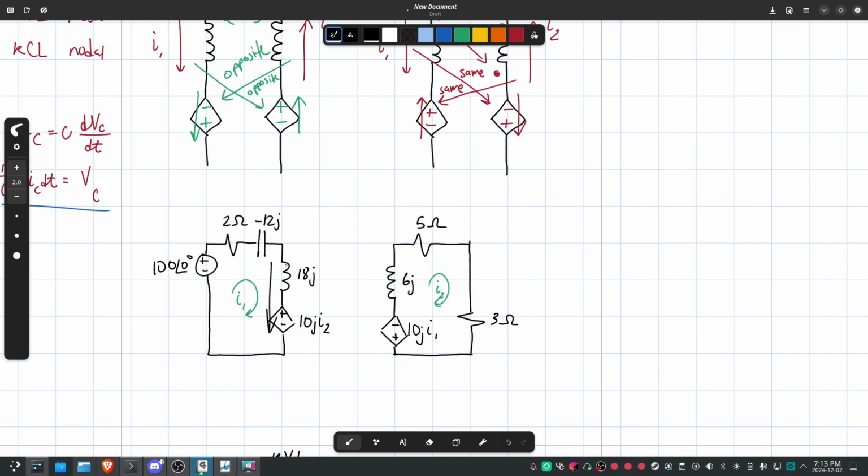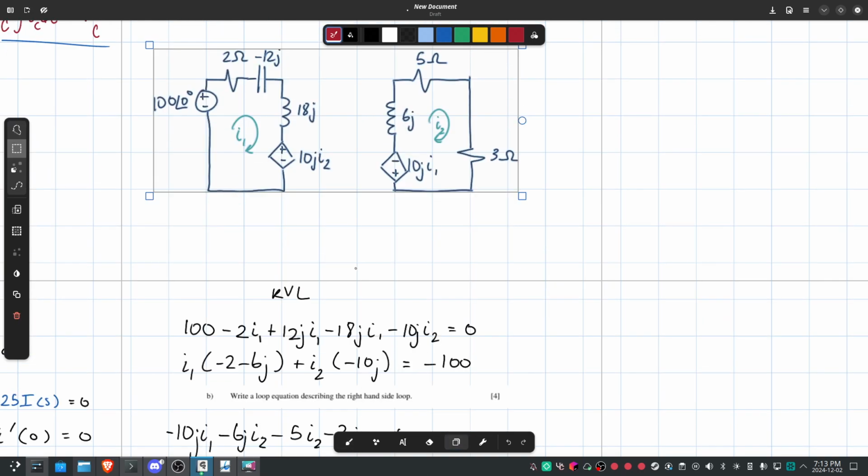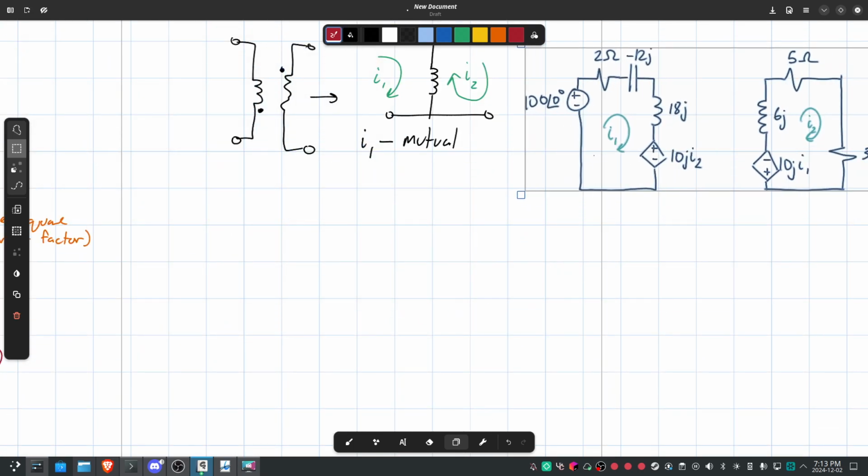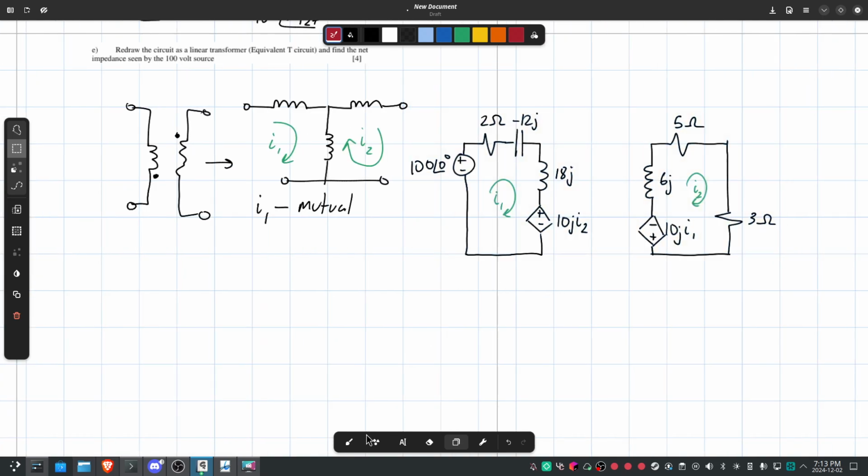Across just this part, because this part is really what we're looking at. When we're doing the T, we're just looking at this part and we'll fill in the rest later. Let me bring that down here and put it off to the side. I'm going to erase it later, but just so that you can see as well. For I1 in the mutual, we just care about this part because this is what we're replacing.